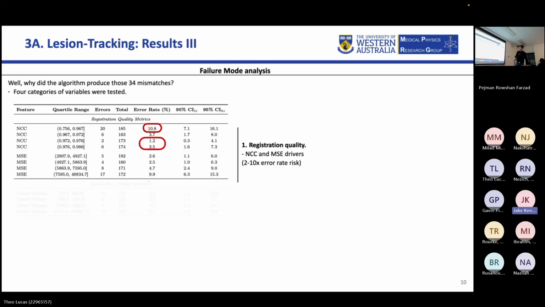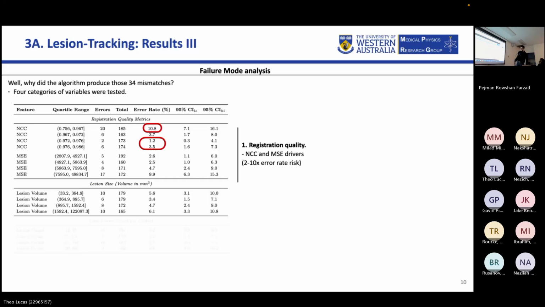For example, for the NCC, in the lowest quartile, anything below 96%, there was an error rate of 10.8%. Whereas in the higher quartiles, which represent better registration, the error rates dropped to 1.2 to 3.5%. So what it's telling us is that there's a 2 to 10 times error rate risk increase for the scans with poor registration. And the same idea was shown by the MSE.